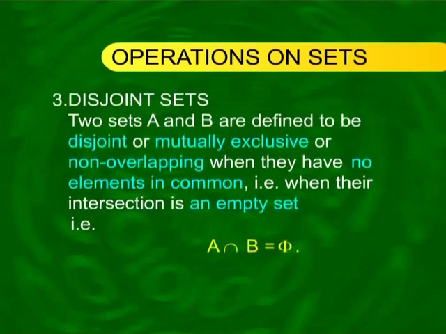2 sets A and B are defined to be disjoint or mutually exclusive or non-overlapping when they have no elements in common. That is, the intersection of the 2 sets is the null set phi.